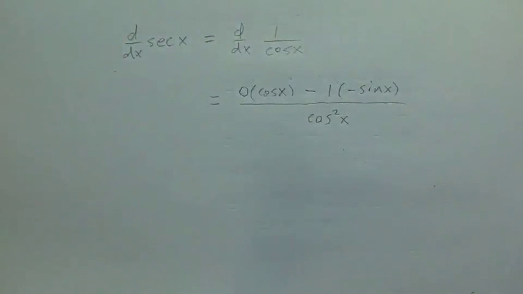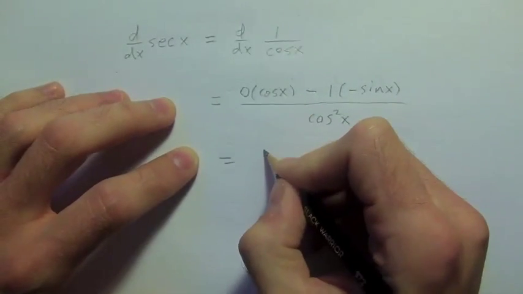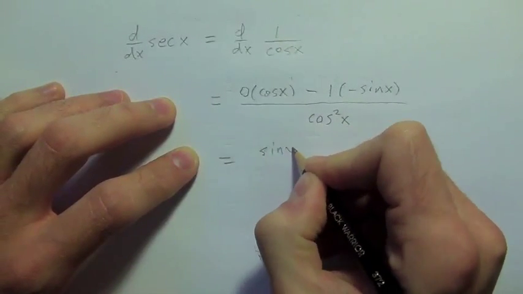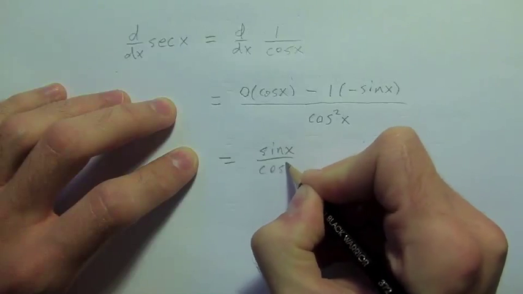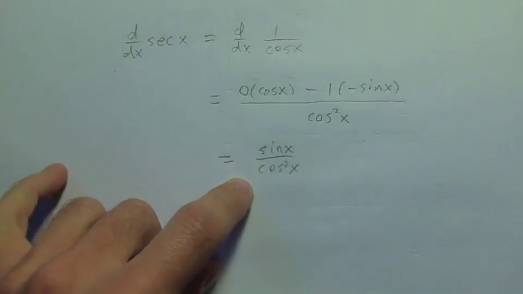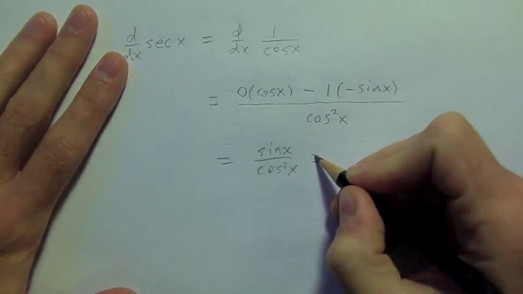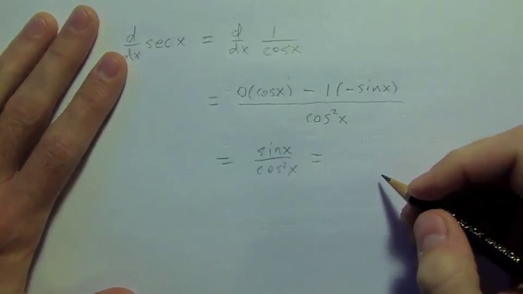Okay. So simplifying this out, this whole piece goes to 0, and so we have sine x over cosine squared x. Now, we could leave it like this, but again, you look this property up in any book, it's not going to say sine x over cosine squared x. What it does instead is it breaks this fraction up, right?